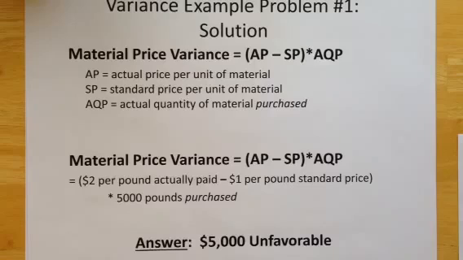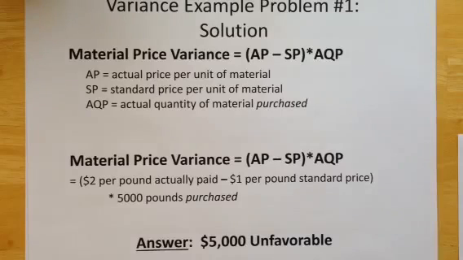If the logic were switched, had we actually paid less per pound than our expected standard, then we would have put the word favorable here instead of unfavorable. But that's where we got the term unfavorable next to the $5,000. Let's go ahead and solve the second problem.